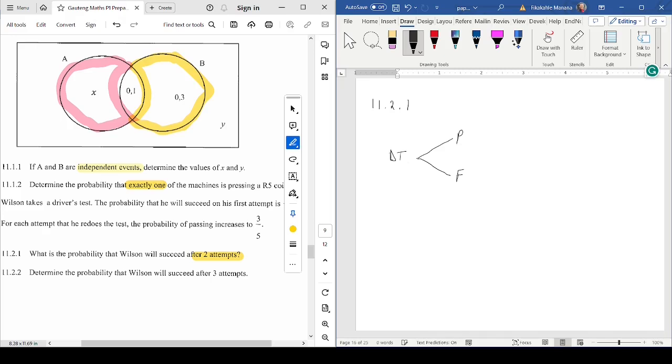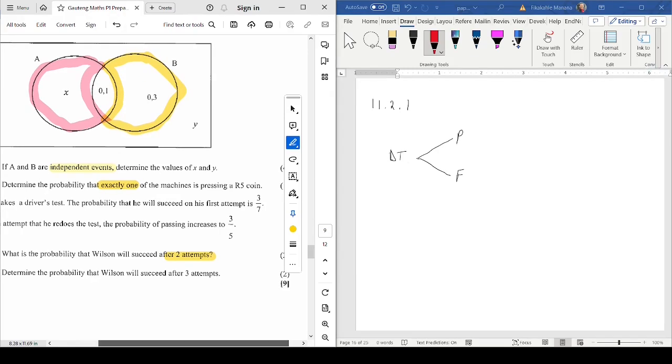So the probability that he passes, let's go back to the question. The probability that he will succeed in his first attempt is 3/7. So we have 3 over 7 here. And then if the probability that he passes is 3 over 7, what's the probability that he fails?